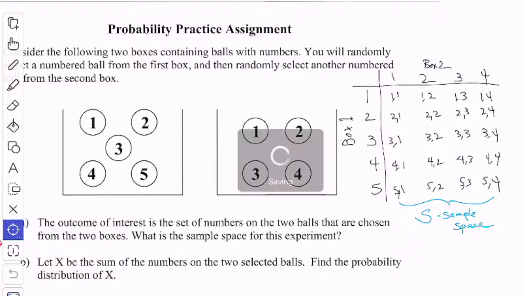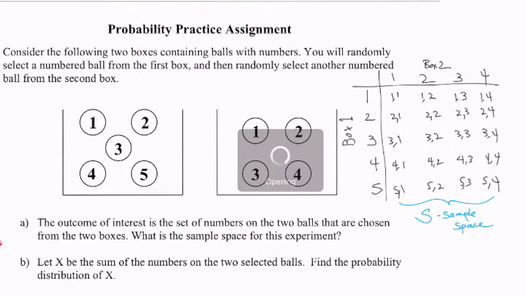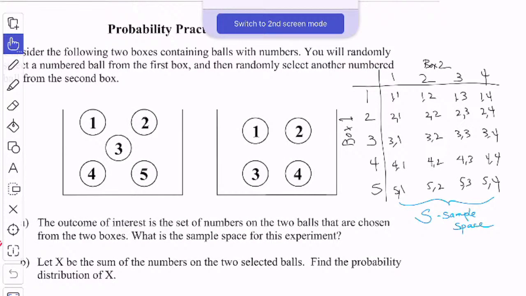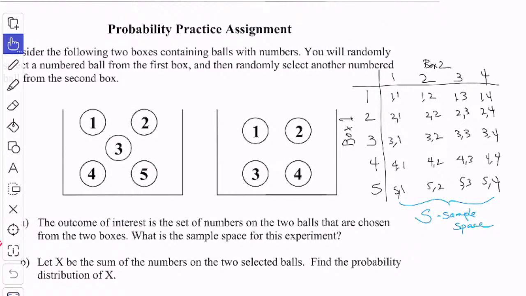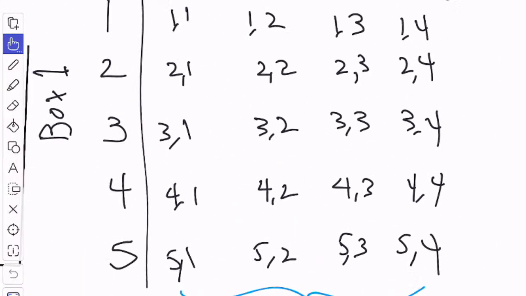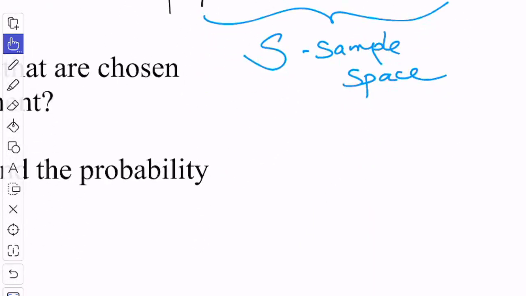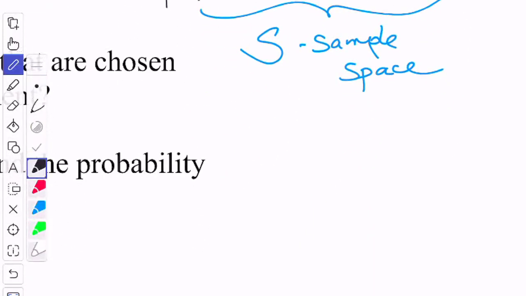So I can make another box with the sum in it. So let's do that. I'll put that below.